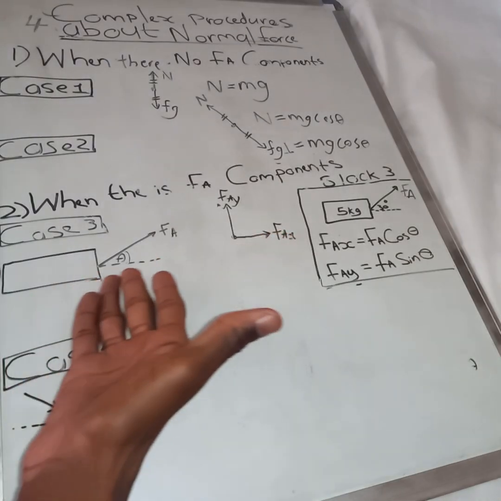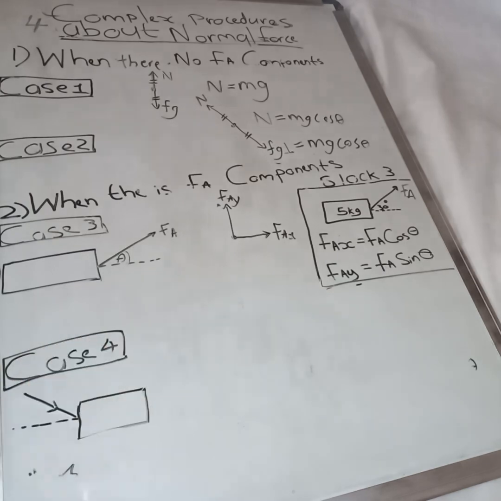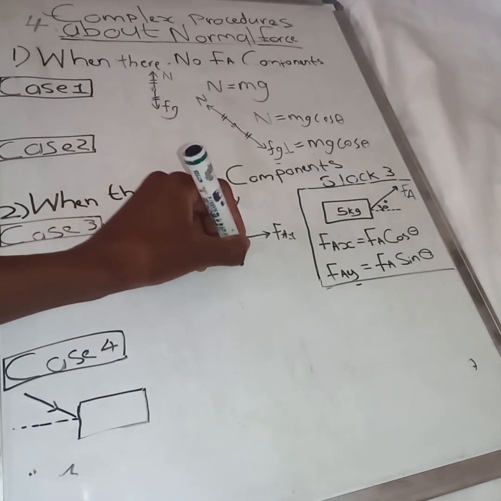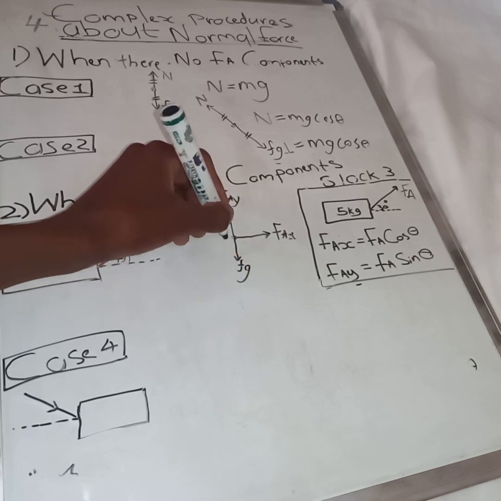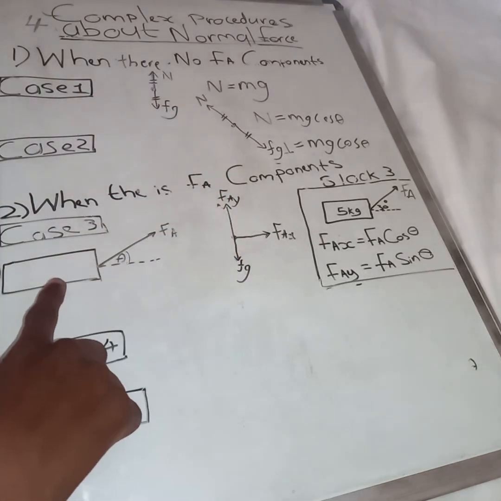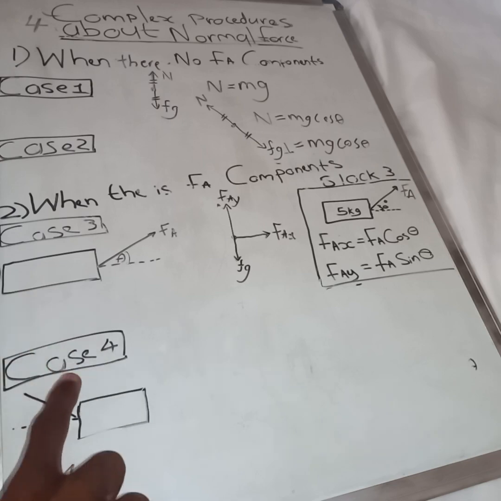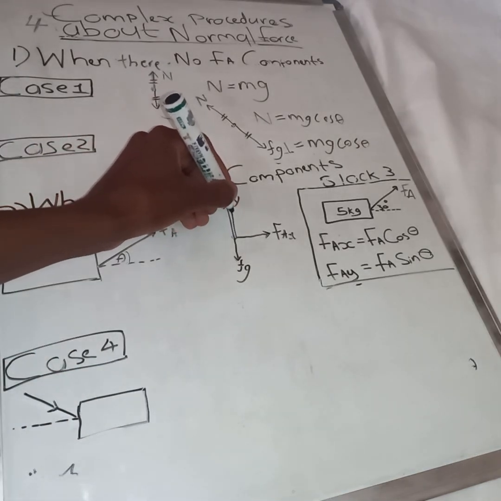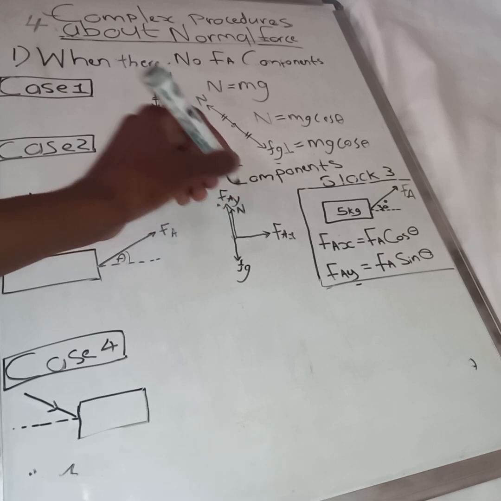Not forgetting that we are dealing with a horizontal surface, so we have to include our Fg, gravitational force. Gravitational force is pulling this object downwards. And also we have normal force.